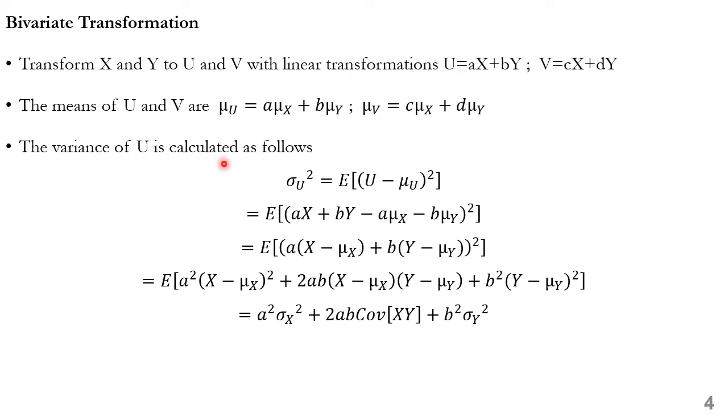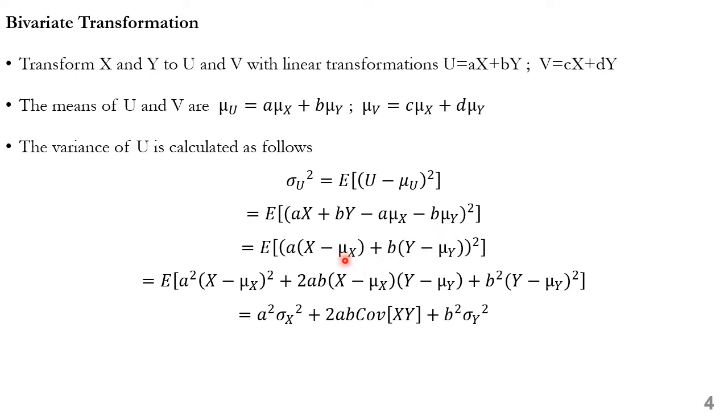The variance of U is calculated as follows. Sigma u squared is the expectation of (U minus mu u) whole squared, that is the expectation of (aX plus bY minus a mu x minus b mu y) whole squared.